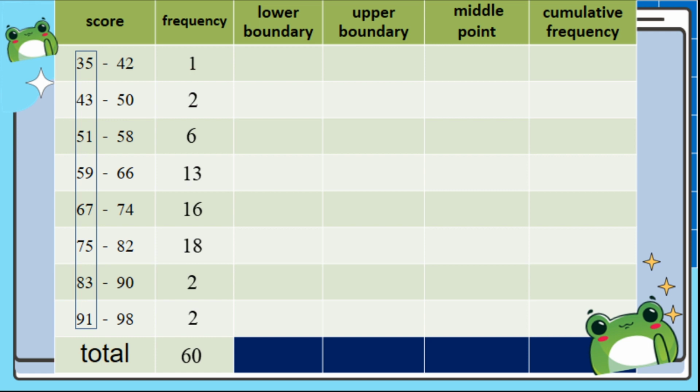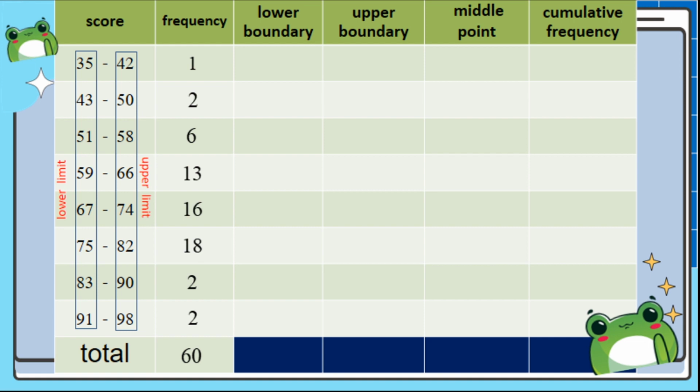The left side of this score set we call the lower limit, and the right side of this score set we call the upper limit. After that, we will find the lower and the upper boundary. The lower boundary is the score that is less than the lower limit by 0.5.